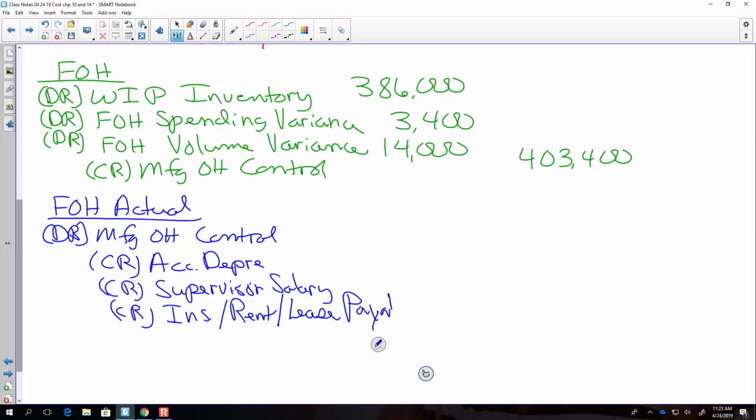We're crediting those to put them into our control account. So here again, we not only record the variances as they occur, but also helps us to identify where our problems are, right? And that's the goal here. That's the control feature here.